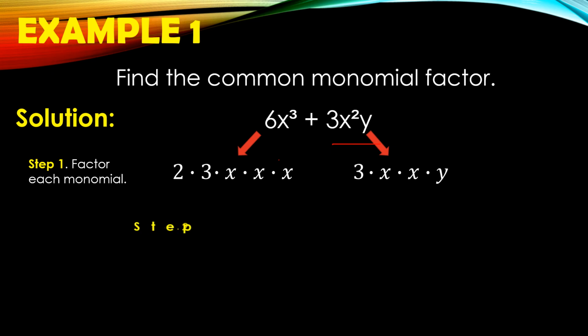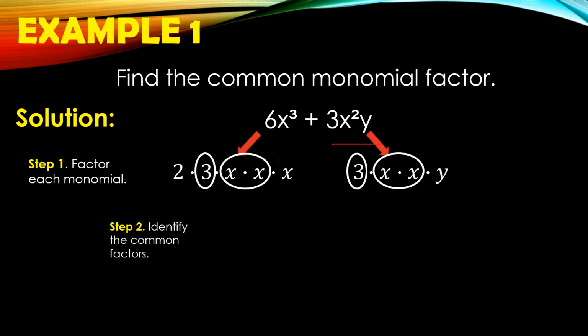Next, step 2, identify the common factors. So what are the common factors among the two? Correct. They both have 3. Also, in the variable, there are 2 common variables x.